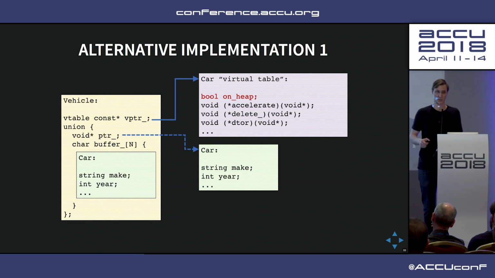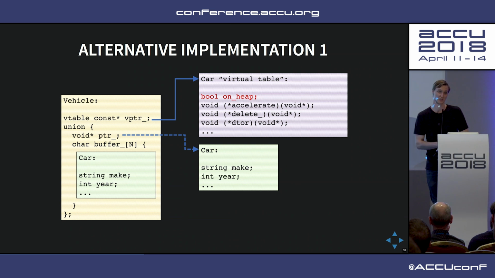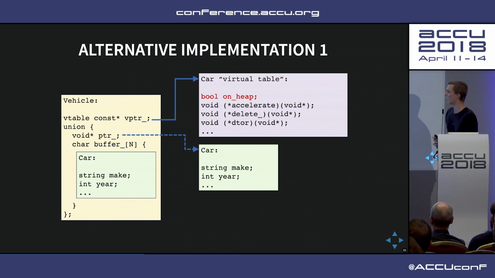And there are different ways of implementing the small buffer. Instead of having a bool, I actually recommend against using the first one I showed, which I guess means I should not be presenting it first. But another way you can do it is by storing the bool in the Vtable.